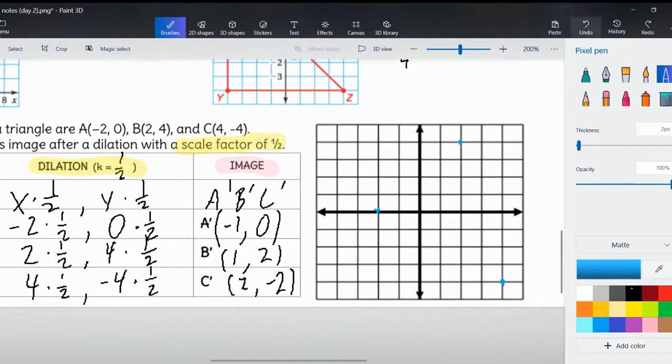Oh, that's rough. Let's try that again. Okay. Just have to go fast and confident. And I hope you don't get too far off. I'll just make my dot really big, and then it'll connect. We can label that. This is A, B, C.